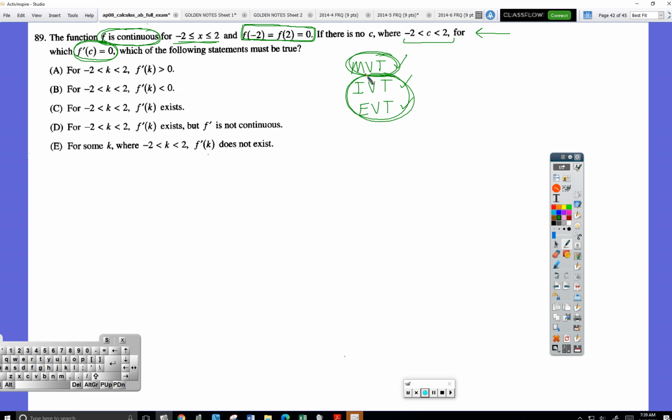So let's see what it says here. Reviewing the mean value theorem. The mean value theorem says that if f has a secant slope, in this case equal to 0, because look, this y-coordinate and this y-coordinate at two different x's both have a y-coordinate of 0.